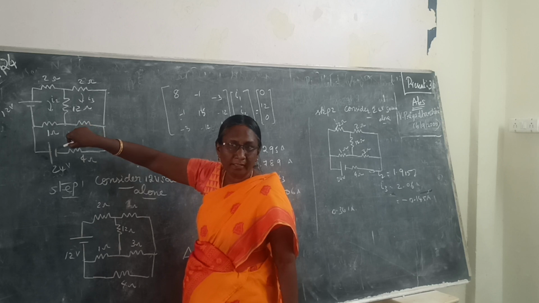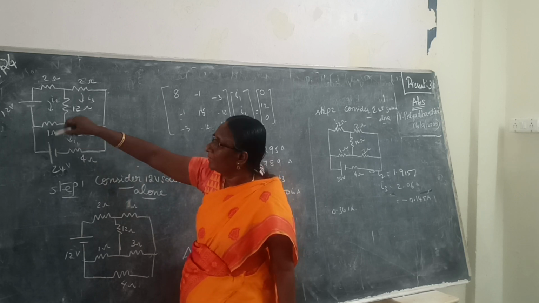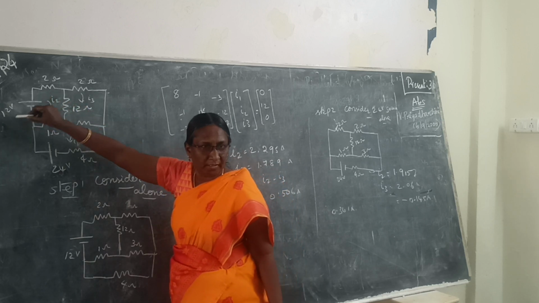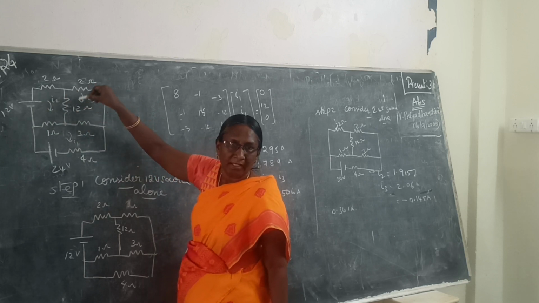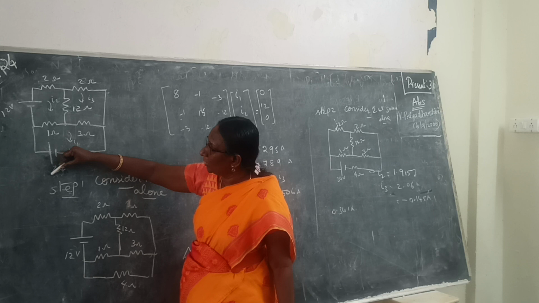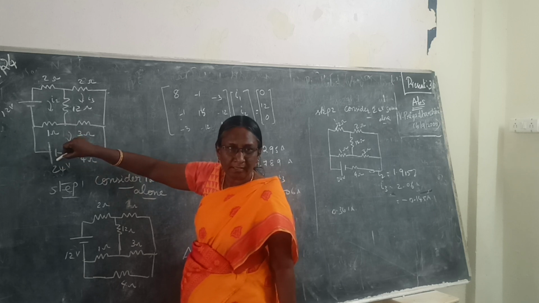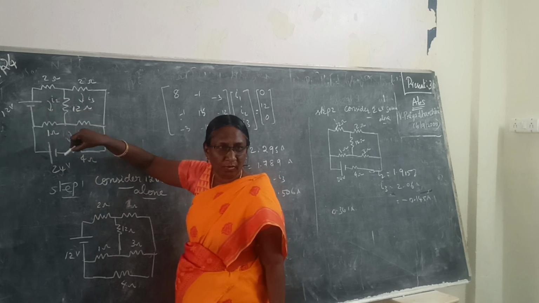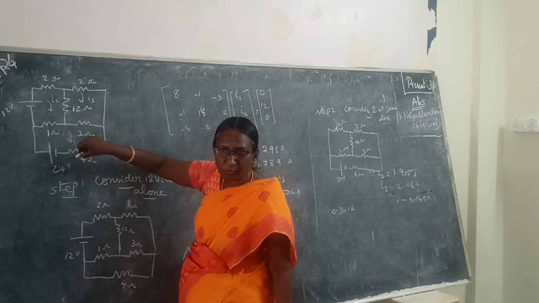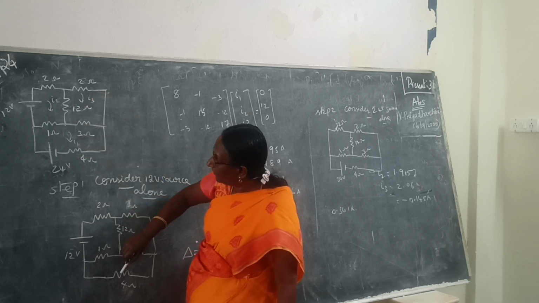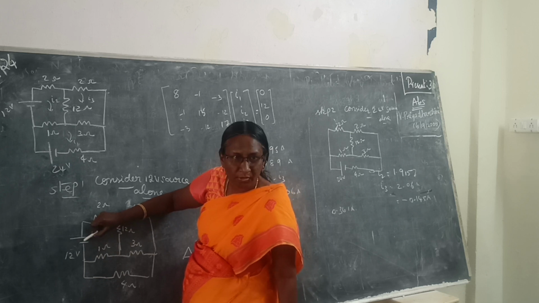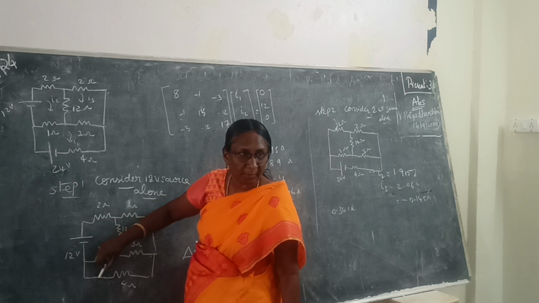So what we are going to do is, first consider this one source and find out the current through 12 ohm resistor. The second case, consider the 24 volt source, removing this one, and find out the current through 12 ohm using this 24 volt source. That is, in this case, we are using only the 12 volt source and the 24 volt source becomes inactive.